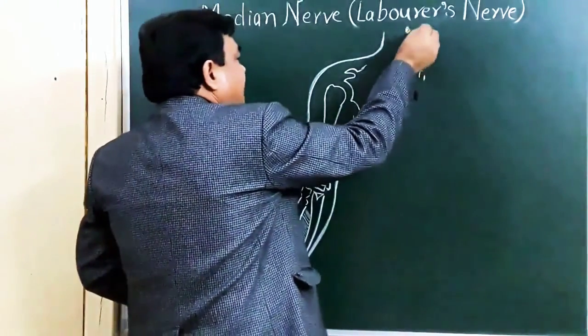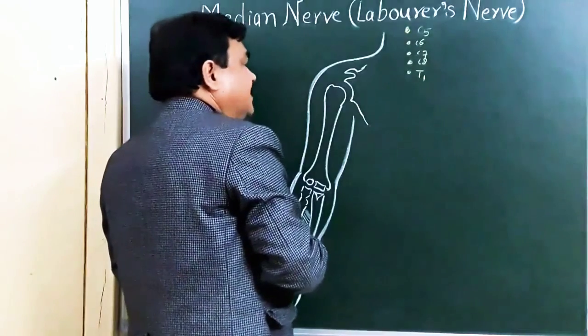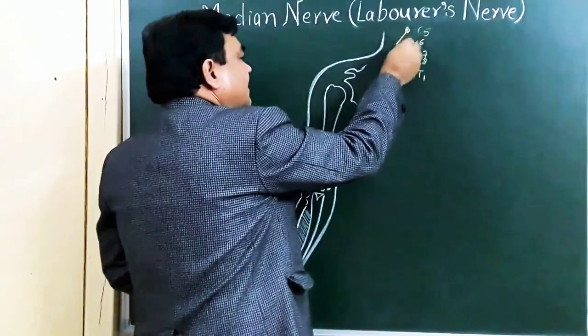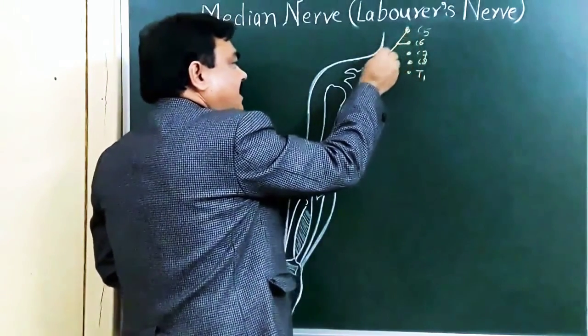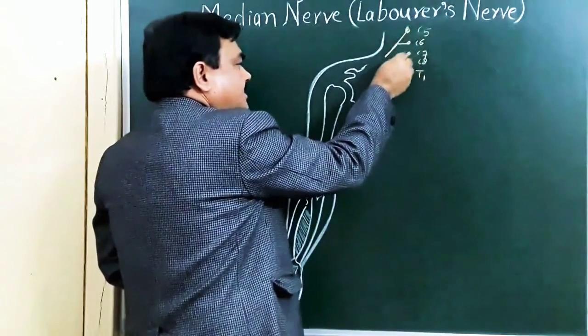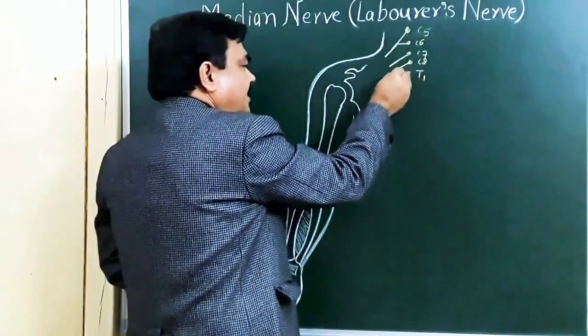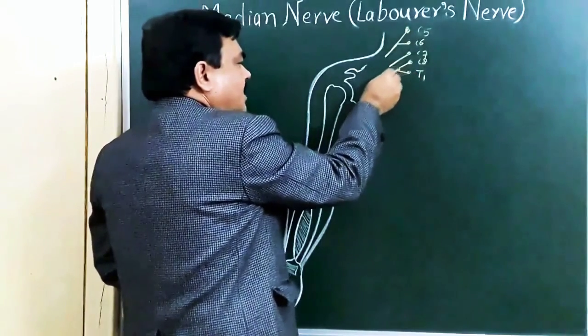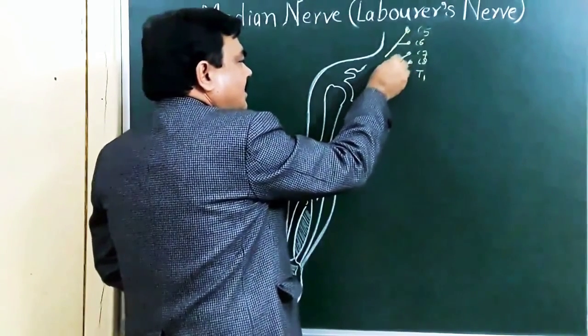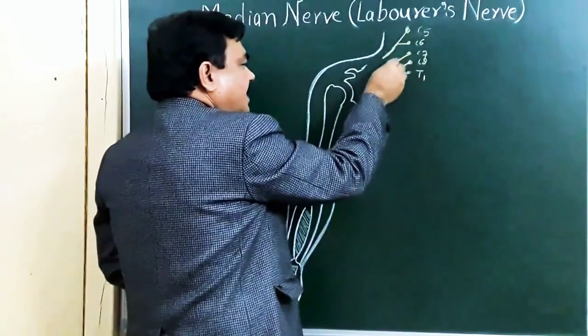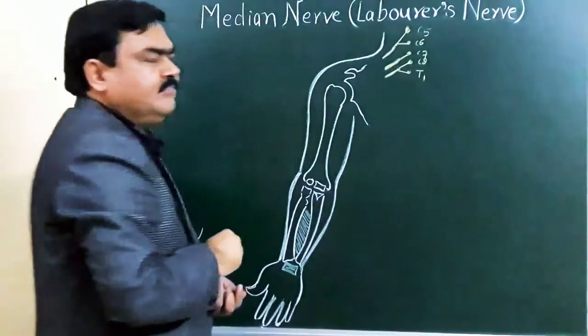The ventral rami of C5 and C6 join to form the upper trunk. C7 forms the middle trunk. C8 and T1 join to form the lower trunk. So this is the upper, this is the middle, and this is the lower trunk.